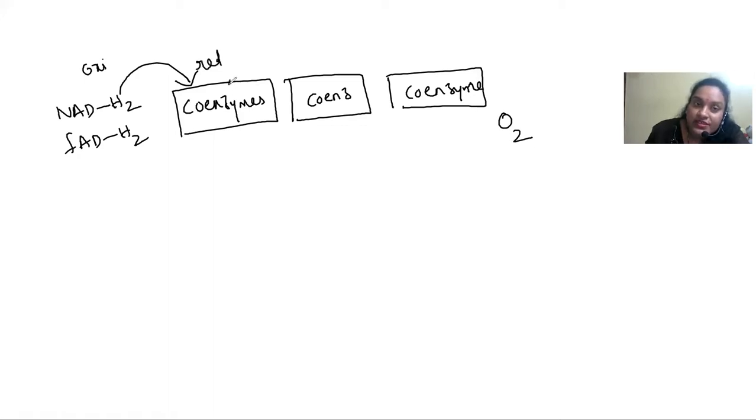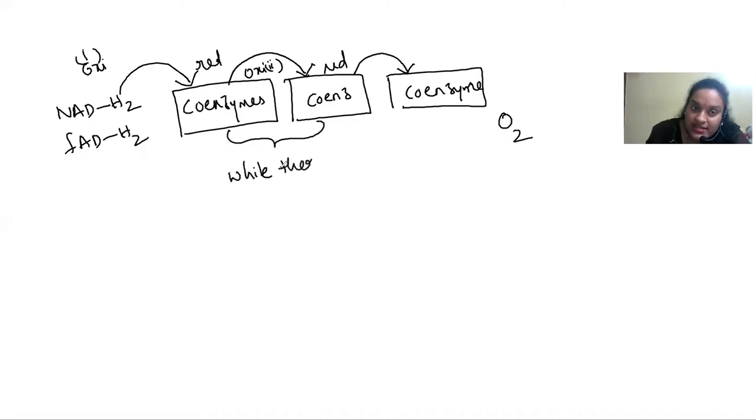Now this is going to transfer its electron to the adjacent coenzyme. So this is going to get oxidized in the second step, and this one is going to accept it and get reduced. So this is going to happen from one to the other, one to the other. Let me write it for you.